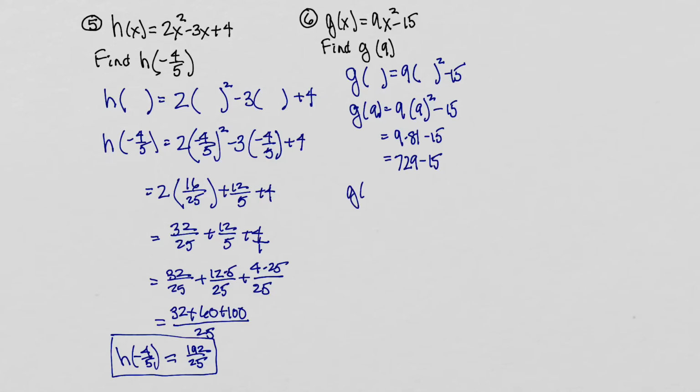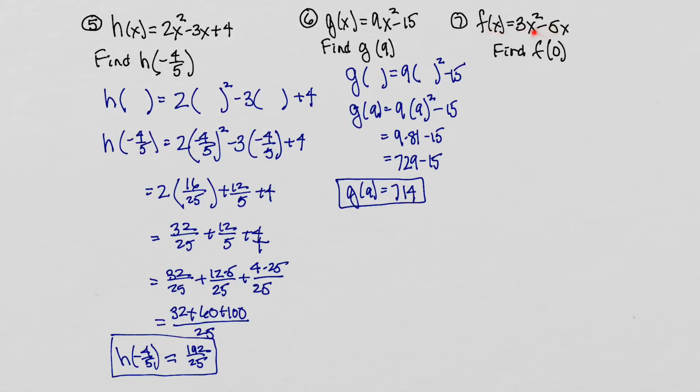So we're going to say that g of 9 is equal to 714. So what's happening here is that we have a relationship that does this. When the input is 9, the output is 714. You put in a 9, you get out 714.